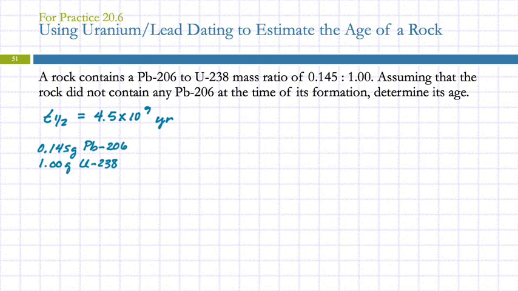One uranium atom will decay through those steps and form one lead atom. So 0.145 grams of lead-206, and we want to convert this to uranium-238. And so we've got lead-206 down here.